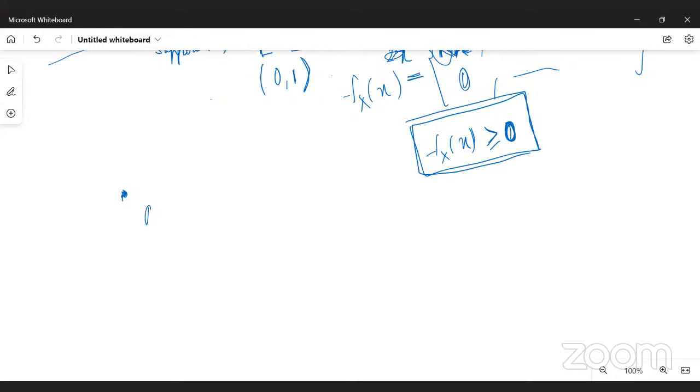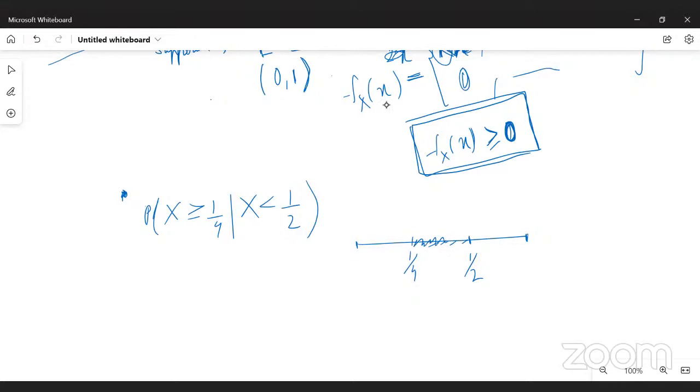The given part of the question is x is less than 1 by 2. So we took the limit from 1 by 4 to 1, I think.